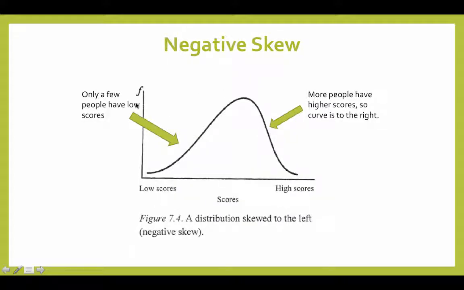A negative skew: only a few people have low scores. This is like every test that you all take as a class. We're hoping there are very, very few low scores and a bunch of high scores. So more people have higher scores, so the curve is to the right. Because the tail is on the left side, it's negative.